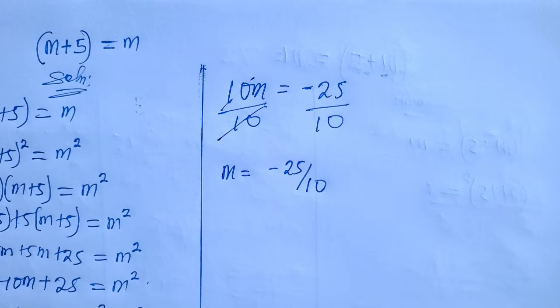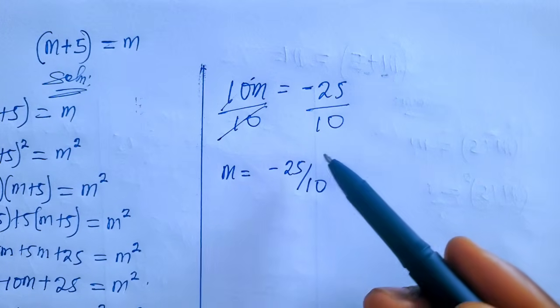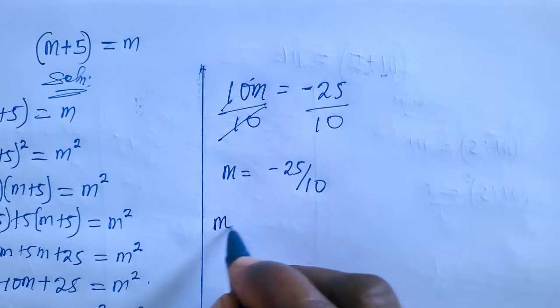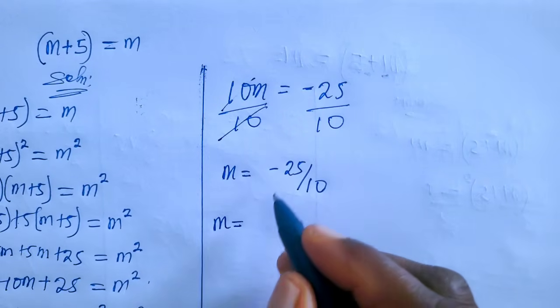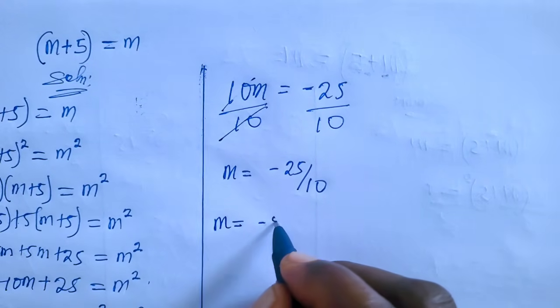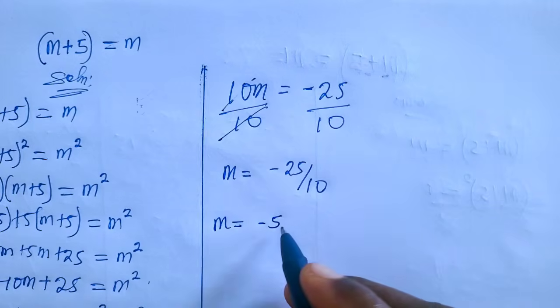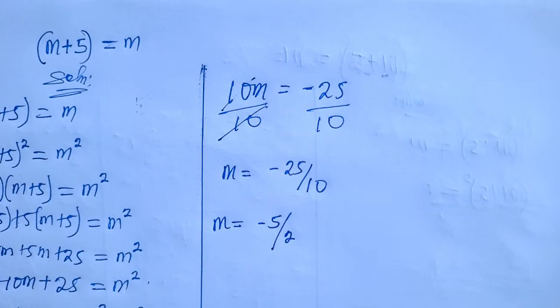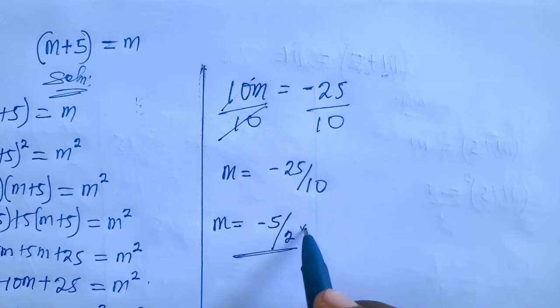Reducing to the lowest terms by dividing the numerator and denominator by 5, minus 25 divided by 5 gives minus 5, and 10 divided by 5 gives 2. This is the value of m.